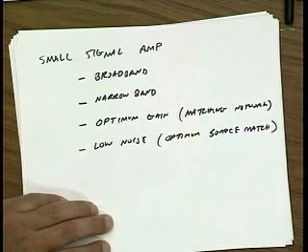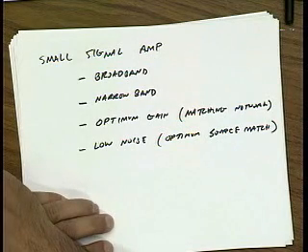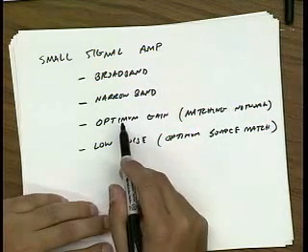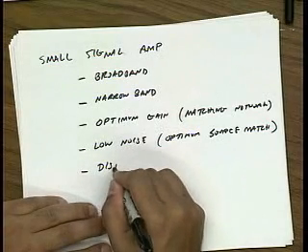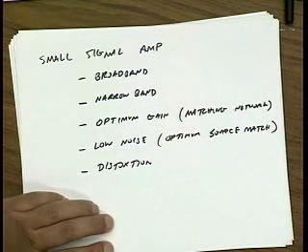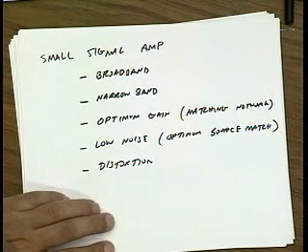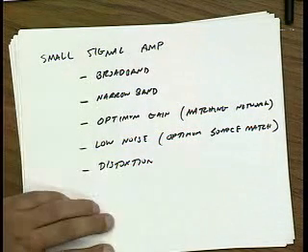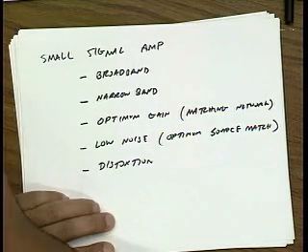Okay? So given a transistor now, you can go ahead and calculate its optimum gain point, optimum noise point. You can also calculate its distortion, its input IP2, IP3, and you have a fairly complete knowledge of how a transistor, or in general an amplifier, is going to behave in a given communication system.